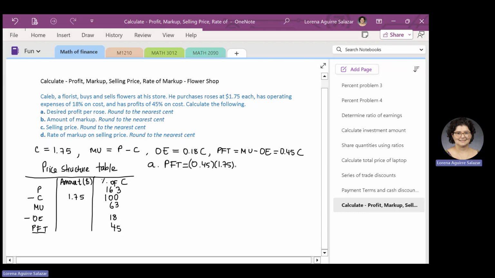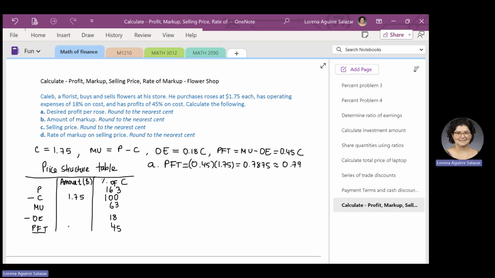When we compute that product, we obtain the number 0.7875, which can be approximated by 0.79. So the desired profit is approximately equal to $0.79. Here in the table, we record 0.79.